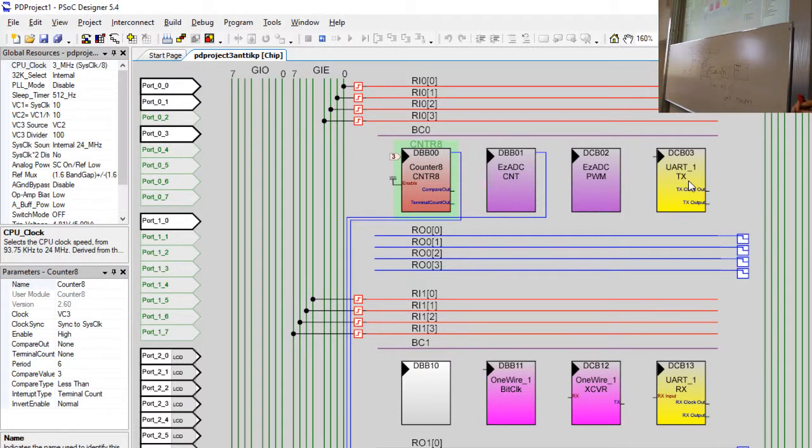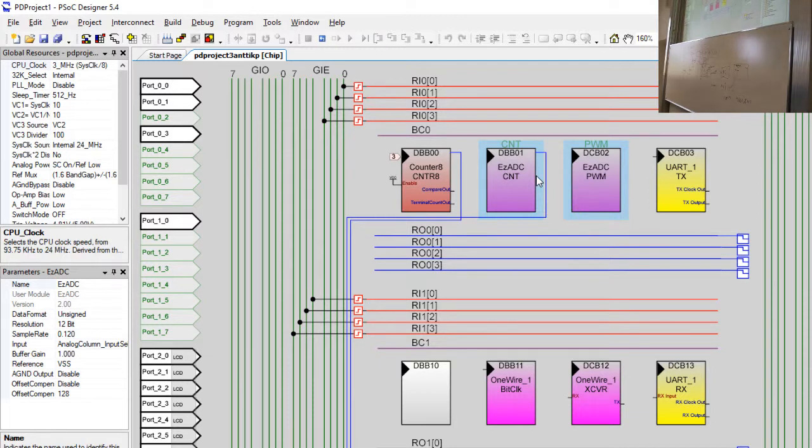Now, when we have a communication block here, we really have to take closer care of these frequencies and where these clock rates are coming from. We already have the A to D converter there, which probably takes its input signal from the CPU clock, since it takes a 16-bit divider here to get the clock rate correct for the A to D converter block.